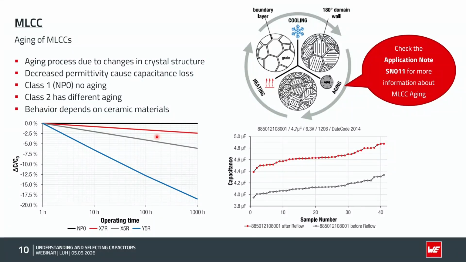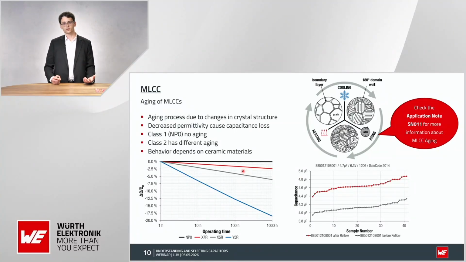In order to restore it, we need to exceed the Curie temperature, which is 130 degrees more or less. So one solution could be to use the reflow oven. For example, if you store these parts a little bit longer, or they were stored somewhere else a little bit longer, after leaving the reflow, they will be restored, the aging reset, and the aging will start again.